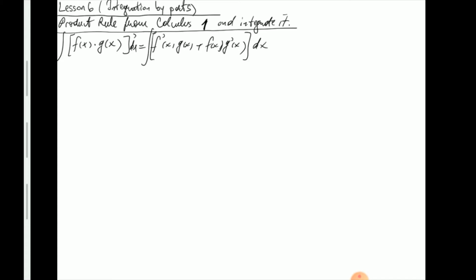In other words, we find the antiderivative of this. We integrate both sides. On the left side, we have the antiderivative of a derivative, so we integrate the derivative of a product. Remember, if we integrate a derivative, you get the same thing, right?